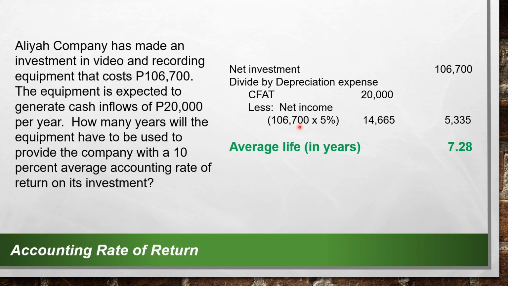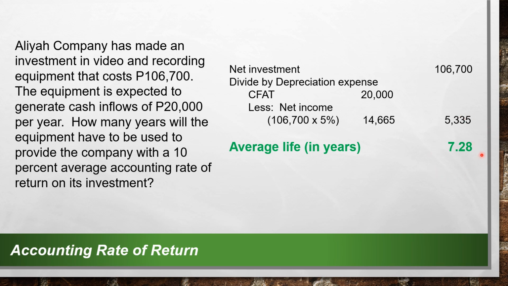So why 5%? Because if the 10% ARR is based on average investment, then divided by 2, 5% ARR will be based on initial investment. So we have 14,665, so our depreciation expense is 5,335. So in average life in years, we have 7.28 years.